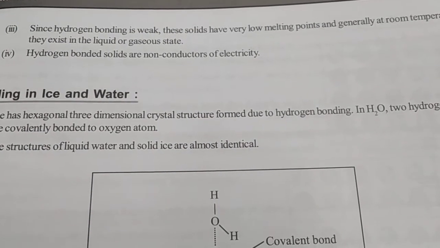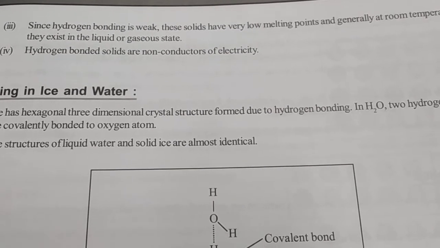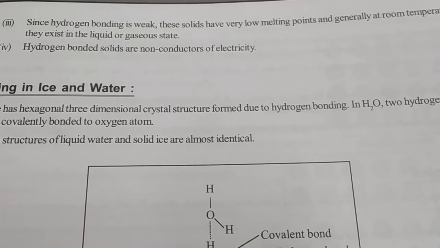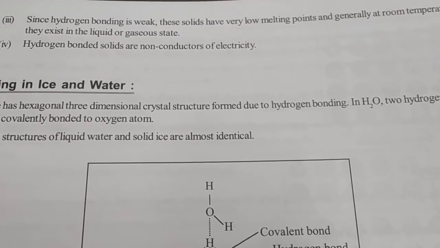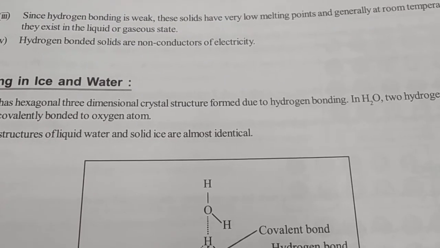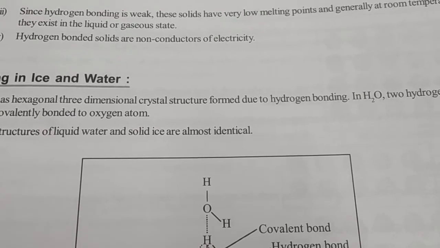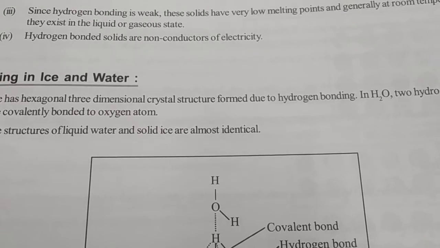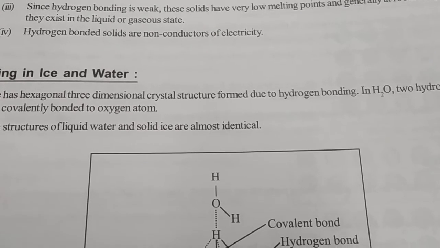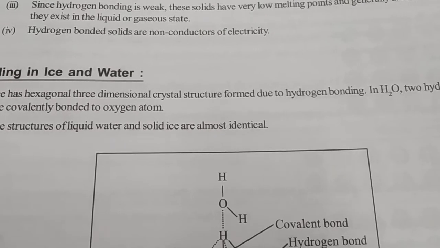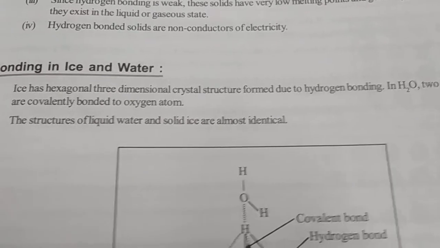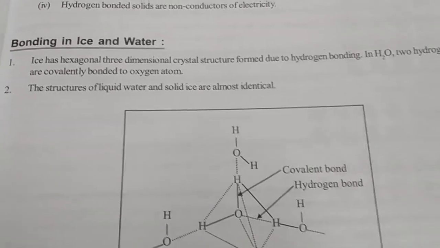So these also have low melting points, and at room temperature they exist in liquid or gaseous state. For example, water is liquid at room temperature, ammonia, NH3, is a gas. Hydrogen bonded solids are non-conductors of electricity. So overall we have seen that all types of molecular solids are non-conductors of electricity.